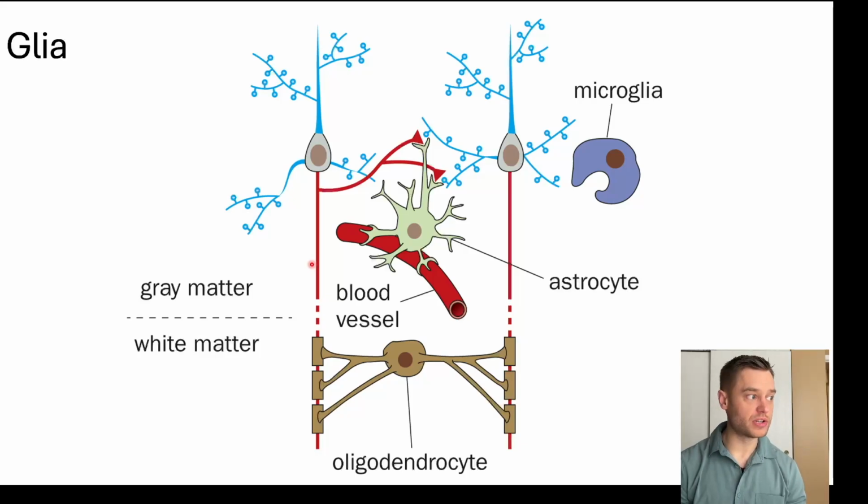Okay, so what are the glia that we need to know about? We have microglia, we have astrocytes, and then we have oligodendrocytes and Schwann cells. So let's start off with microglia.